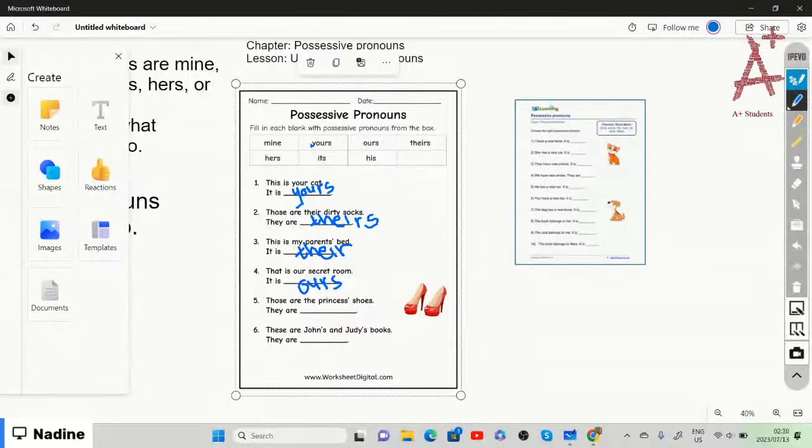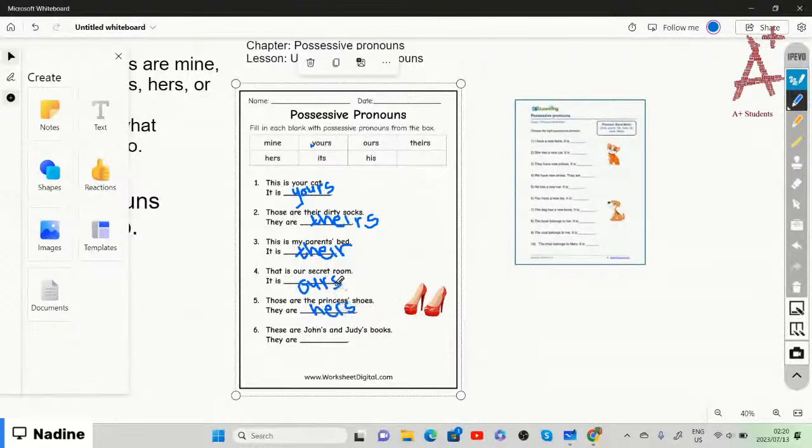Those are the princess's shoes. They are, if that belongs to the princess, then we can say they are hers, right? Because it belongs to her.